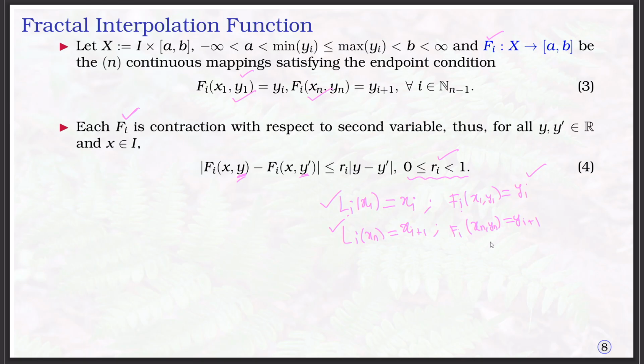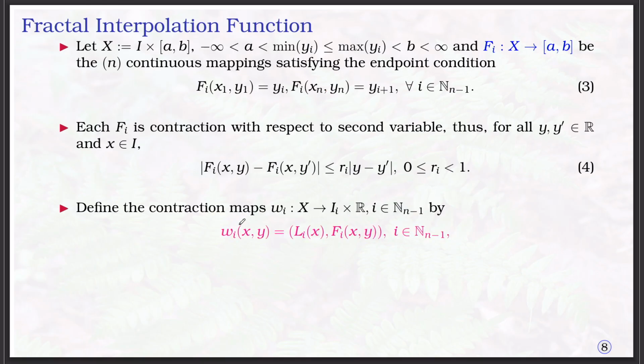Now let us define the contractive mapping Wi from X to X. You can note we are defining Wi. If you take W1, it is a mapping from the interval x1 to x2 cross R. We have n minus 1 mappings Fi and Li whenever n data points are given.